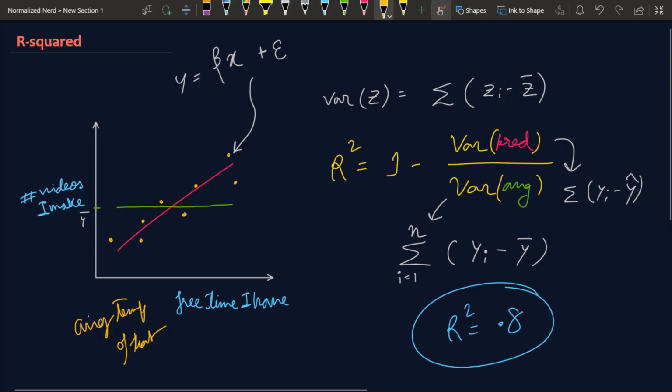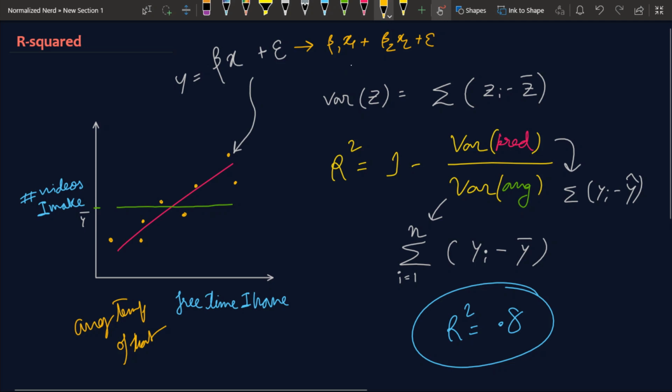So if I add this feature to our model, the model becomes, say, beta 1 x1 plus beta 2 x2 plus epsilon. Now suppose x1 represents this free time and x2 represents this average temperature. Okay, so our new model will produce an r squared value that is greater than our previous model, but this is in no way a better model. That's why we need a new metric that will somehow tackle this problem.